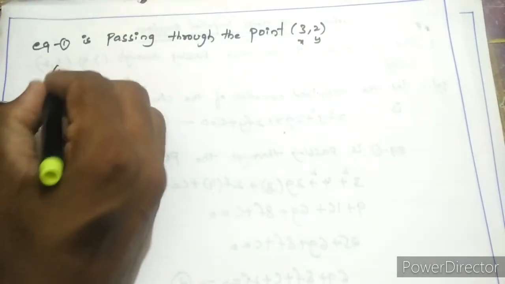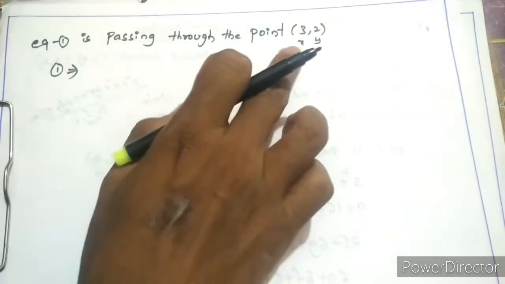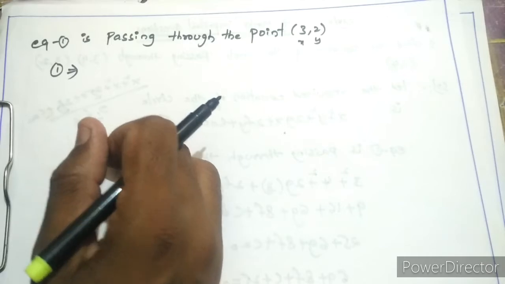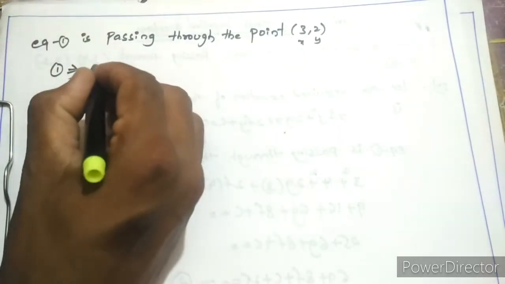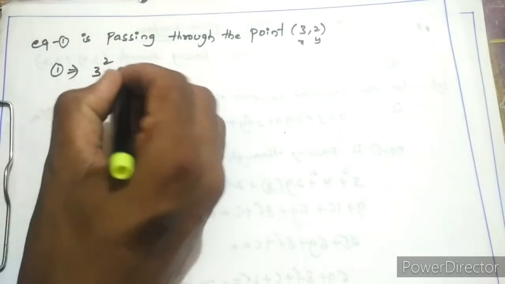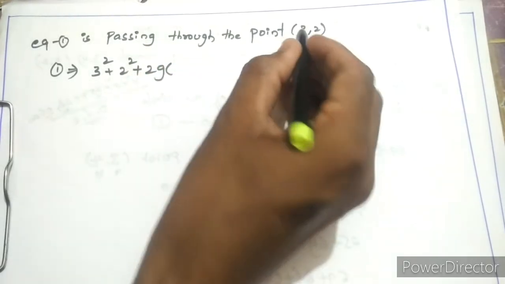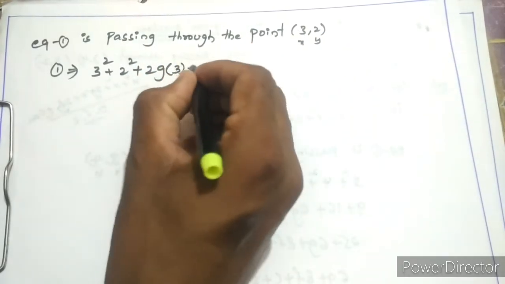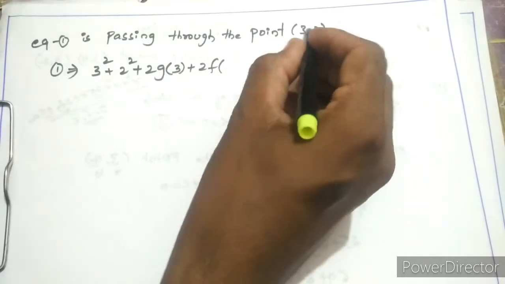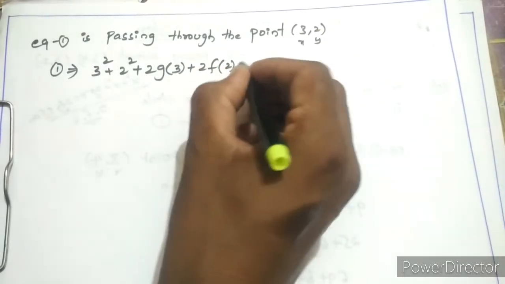So this is x and this one is y. Substituting x, y values in equation 1, we get 3 square plus 2 square plus 2g into 3 plus 2f into 2 plus c is equal to 0.